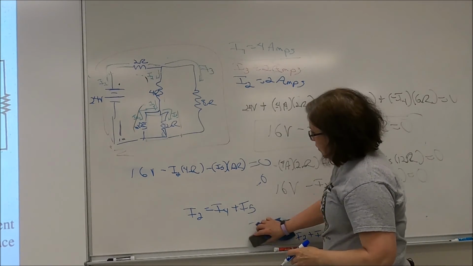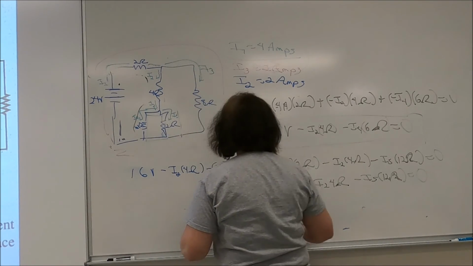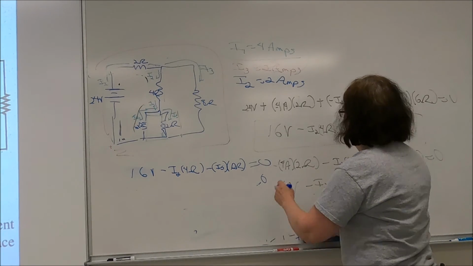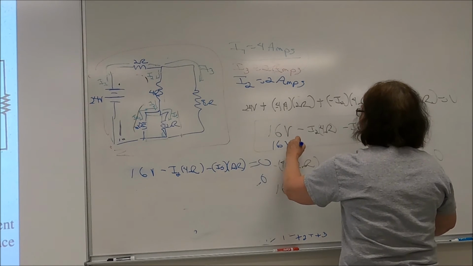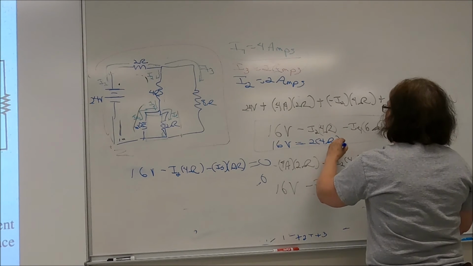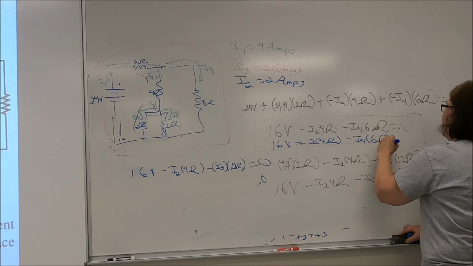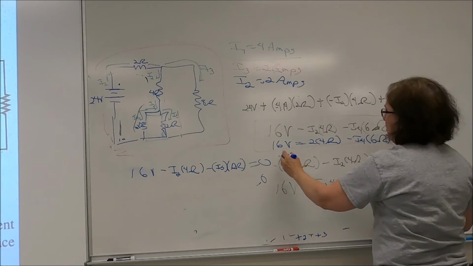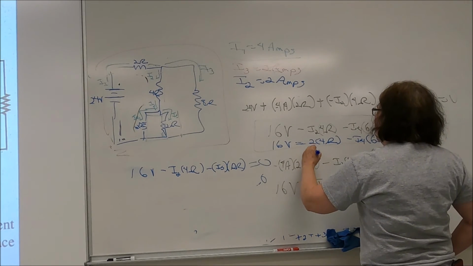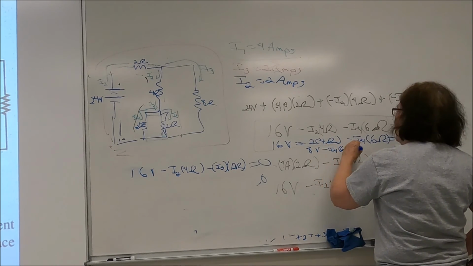So now I know that I2 is 2 amps, let's plug it in here. So I have 16 volts minus 2 times 4 ohms minus I4 times 6 ohms has to be 0. So 2 times 4 is 8, 16 minus 8 is 8. So I have 8 volts minus I4 times 6 ohms.